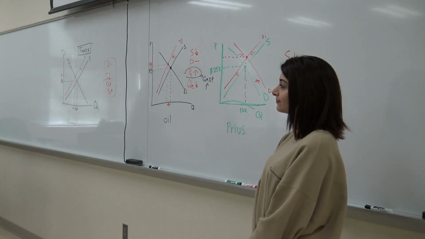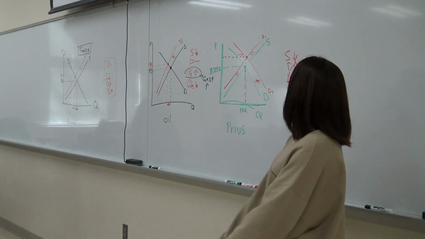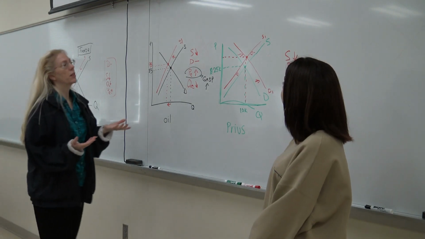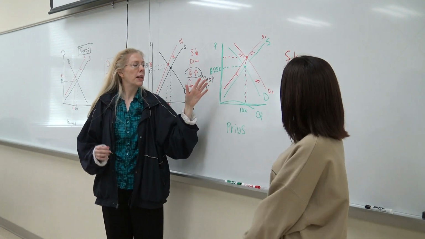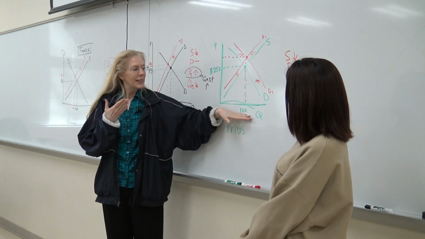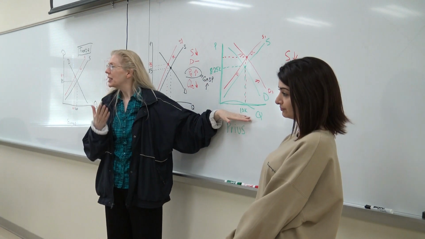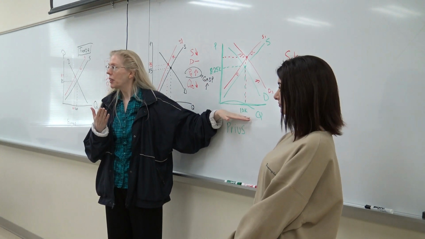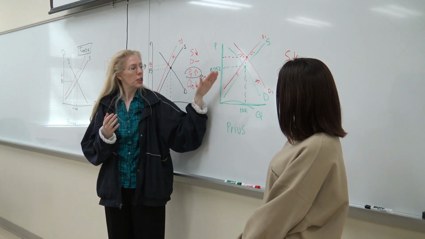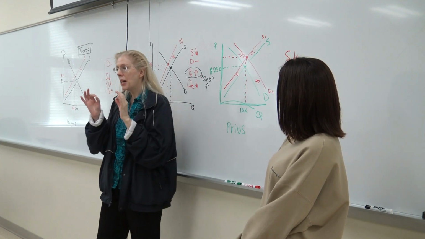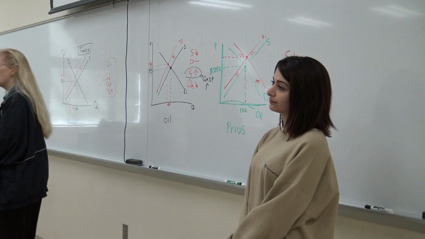We shifted twice, and the curves are going in different directions, okay? One's going left, one's going right. So if one goes left and one goes right, it cancels out, especially if they're shifted in the same proportion. In this particular case, because she shifted them about the same amount, you don't see a change in quantity.